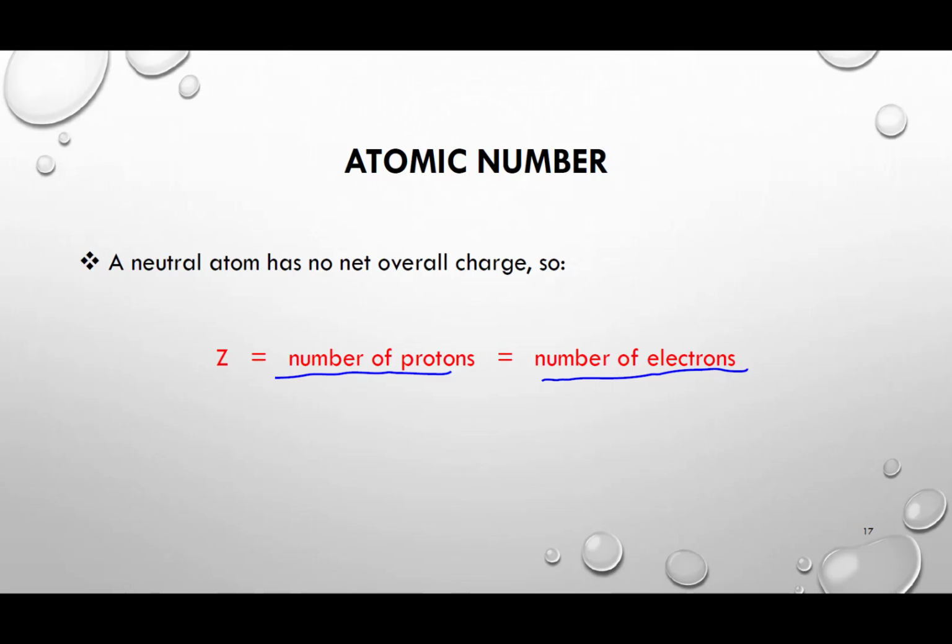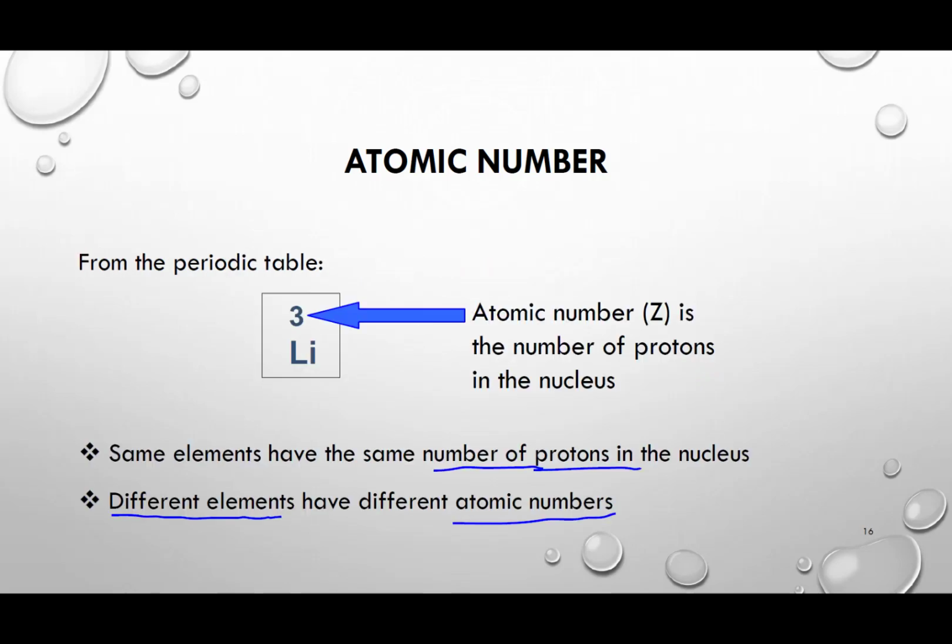If I go back to my previous example, this is the atomic number for lithium, which means lithium has 3 protons. Now since lithium is not charged, by charge I mean like lithium positive, it has a charge on it, or chlorine negative. These are charged atoms, or magnesium 2+. Then these are charged species.